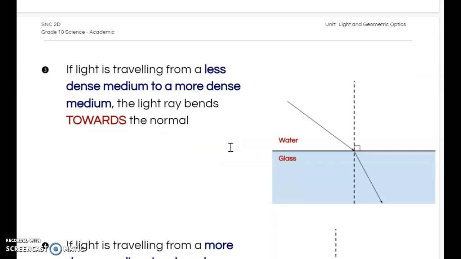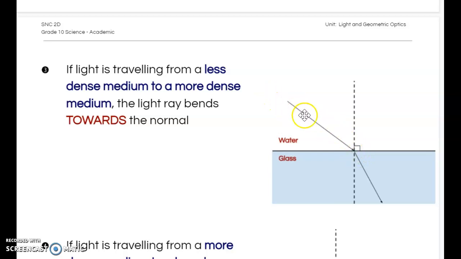The third rule is if light is traveling from a less dense medium to a more dense medium, the light rays will bend towards the normal. So if I go from water to glass, we know that water is less dense than glass, or say air to water, we know that air is less dense than water.